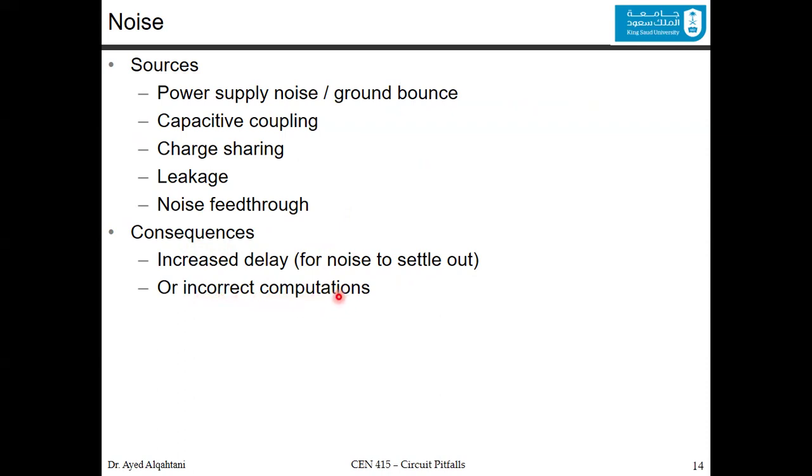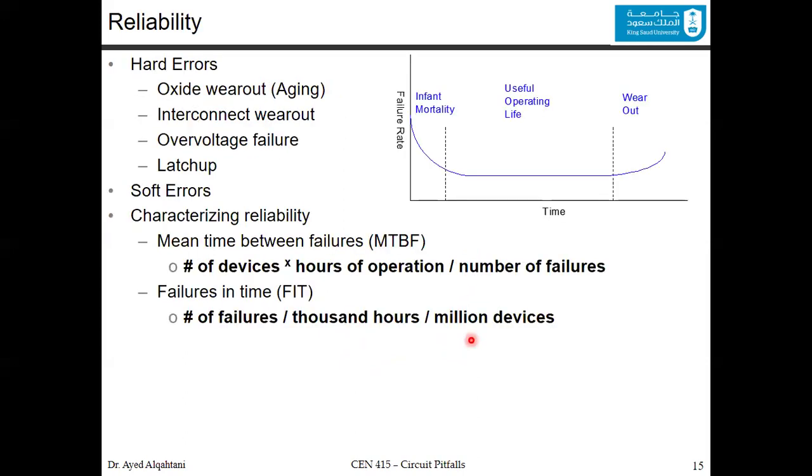And speaking about errors or incorrect computations, just to say it in short, the noise becomes errors. If you didn't solve this noise over time, it accumulates and causes troubles here and there and becomes error. So speaking about errors, we will talk about the reliability.